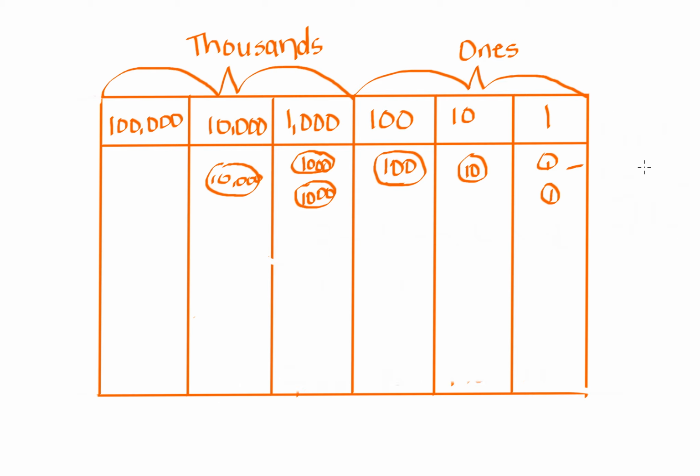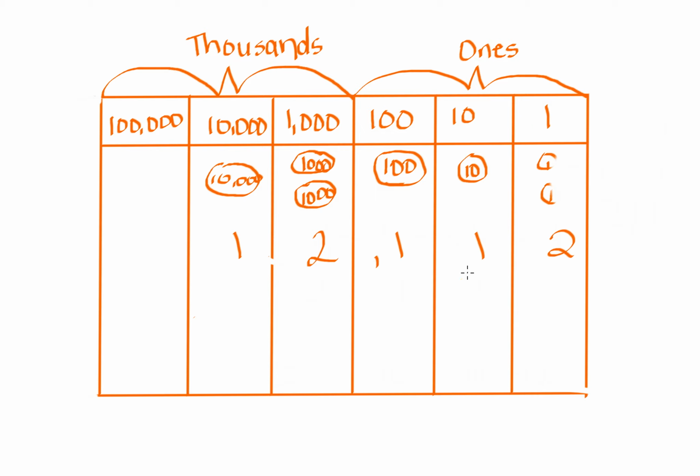I like this eraser. It makes me happy. All right. So now what number do I have? Well, all I did was I added a 10,000 disc. So now I've got a 1 here, got 2 here, 1 here, 1 here, 2 here. So if you say this number, that would be 12,112.